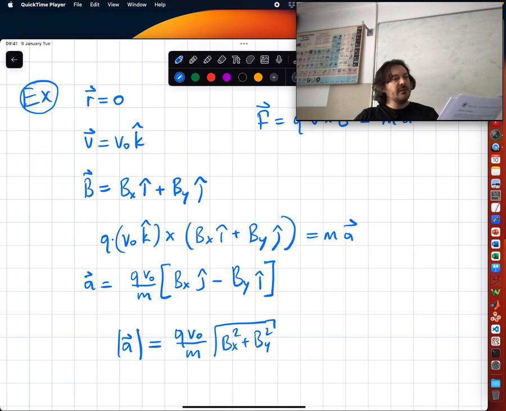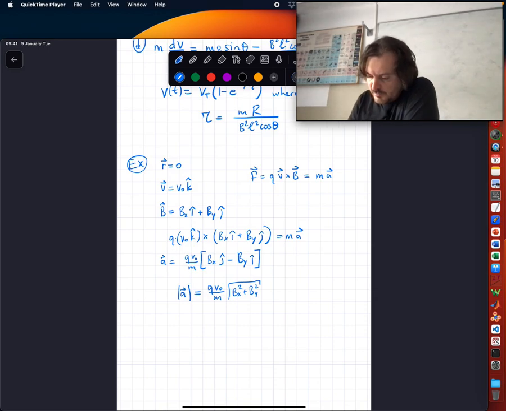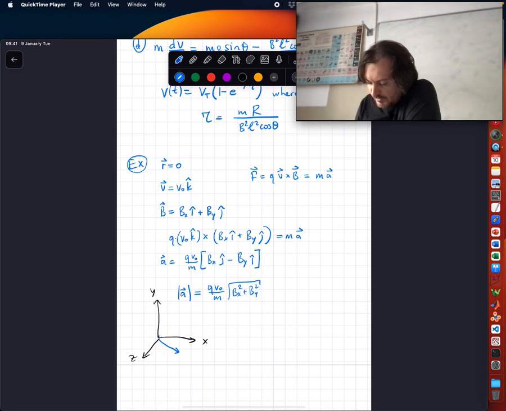What will be the maximum z coordinate of the particle during its motion? Do you understand the question? At first it's at the origin. Let's draw the circle. So this is x, y, z, and there is a magnetic field pointing in this direction somewhere, right?